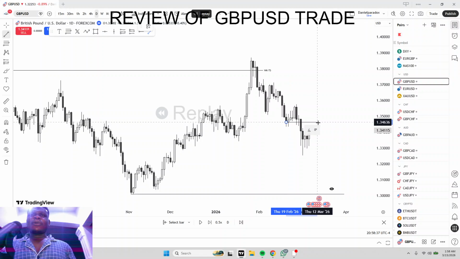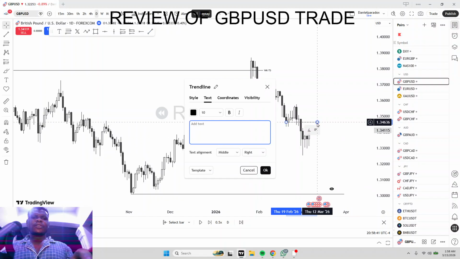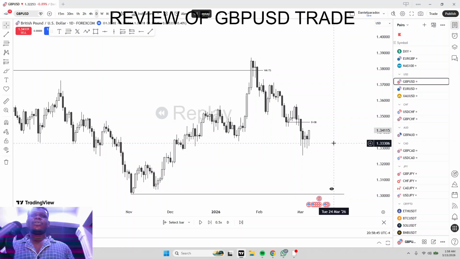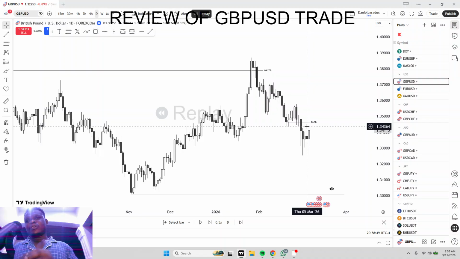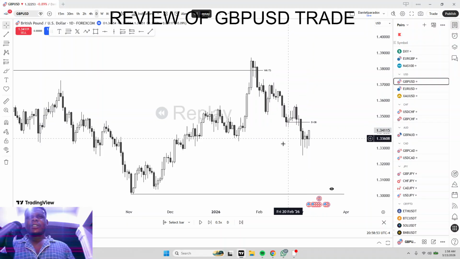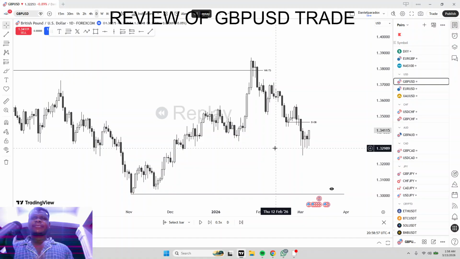This is another block, but the reason why I'm not trying to identify it is because I don't want to bore you, because this is really not the reason why I took the trade. The trade is still in line with our system, but it's not bad if we note that. So that's it.